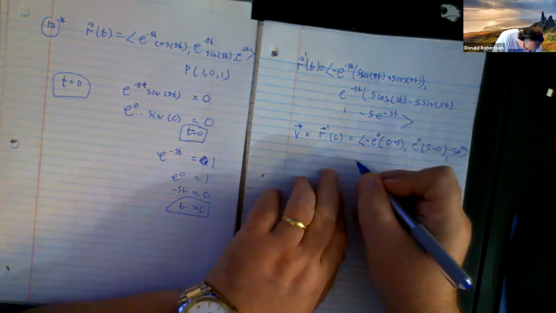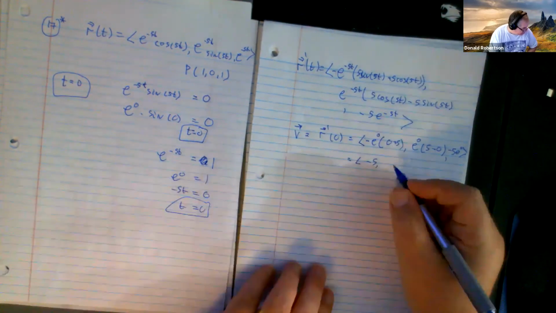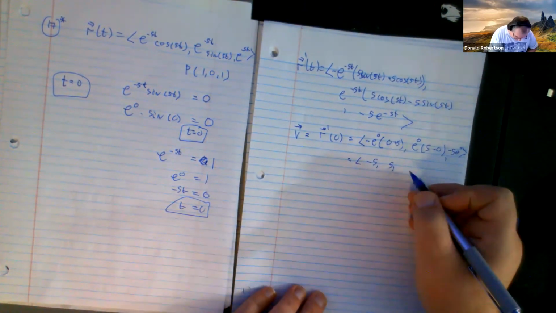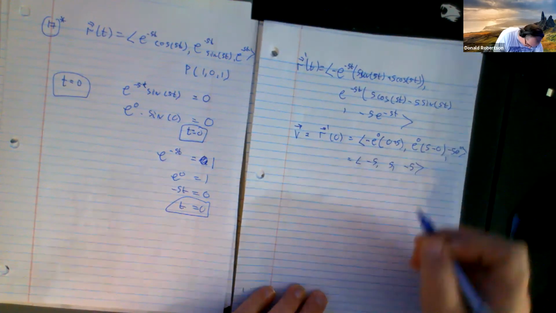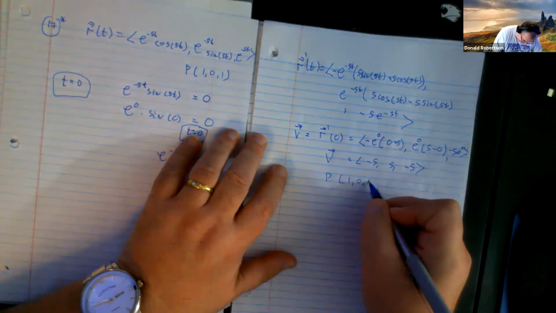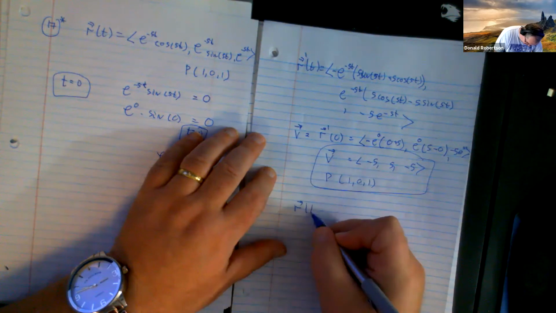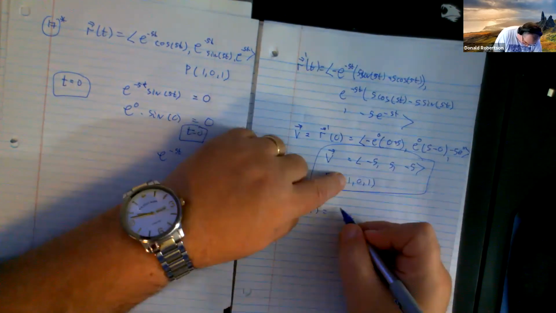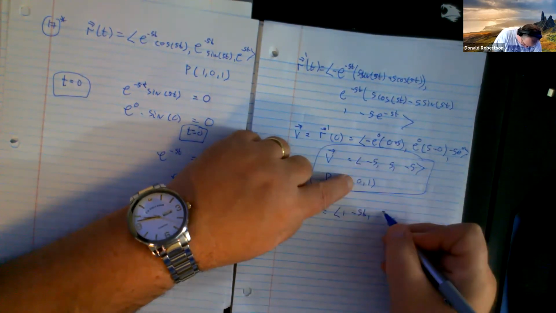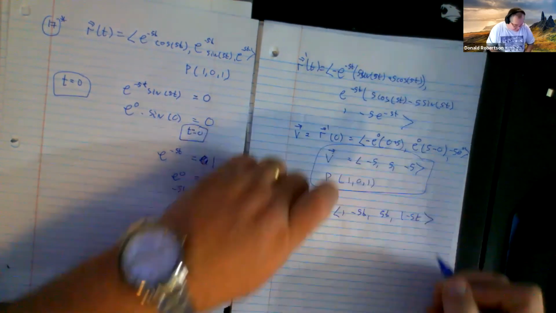So we end up with negative 1, negative 5, middle 1, 5, end 1, negative 5. So I have the point with coordinates 1, 0, 1, and the direction vector that looks like that. So the equation of this tangent line will be 1 take away 5t, 0 add 5t, and 1 take away 5t. Finished.